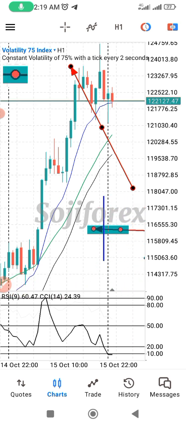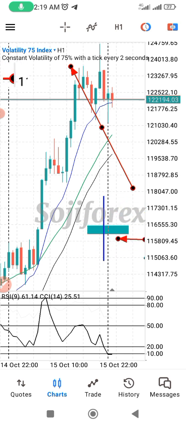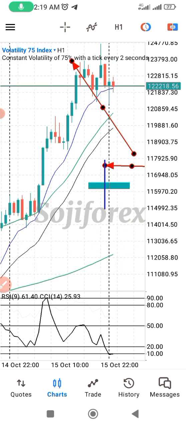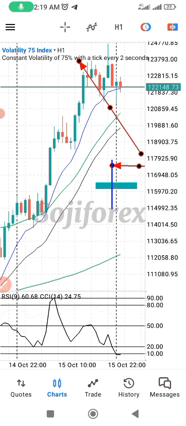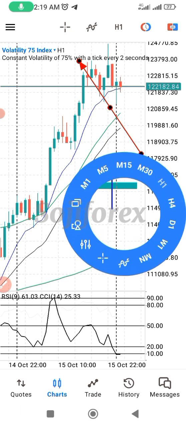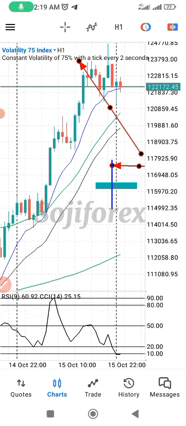It shows that nobody wins as far as this particular candle is concerned, which means that both the buyers and the seller are exhibiting the same level of strength. That is what this particular market situation means as far as trading is concerned.